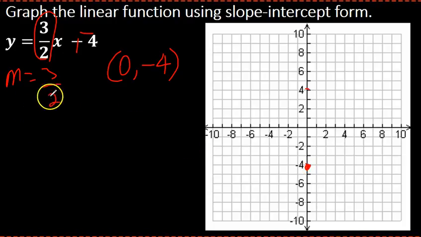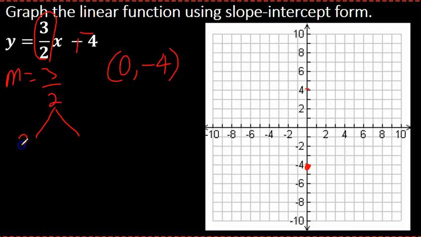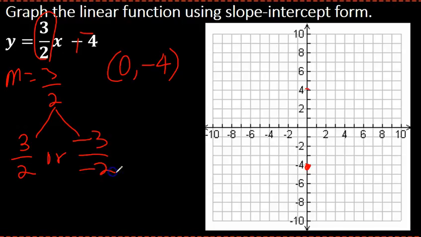Then we're going to use the slope to find the other points. Remember, there are 2 ways you can write this slope: 3/2 can be 3/-2 or -3/2. The slope is y over x.